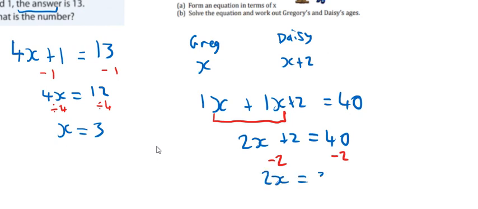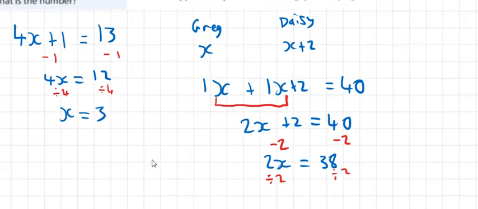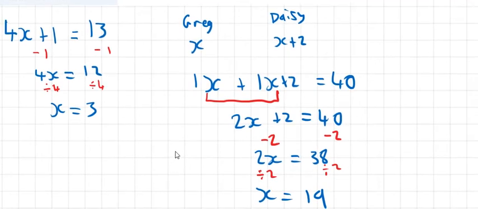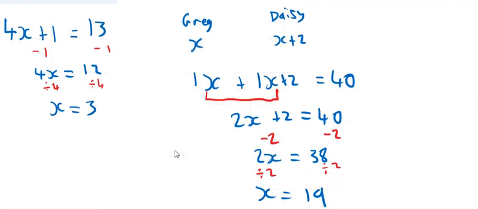So 2x equals 38. And then divide by 2. So x equals 19. We know that x is Greg's age, so Greg is 19. And if Greg is 19, then Daisy is 2 more than 19, so Daisy will be 21.